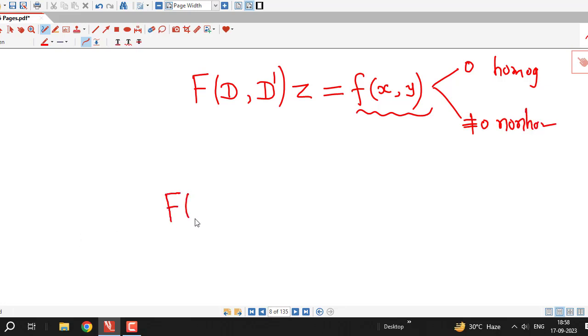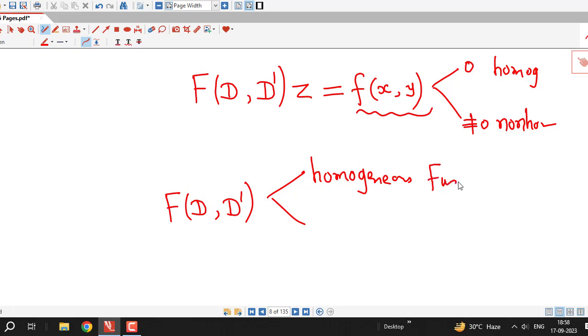And for this function also, the function of D and D', we have two characterizations: f(D, D') is a homogeneous function of D and D', and f(D, D') is a non-homogeneous function of D and D'.